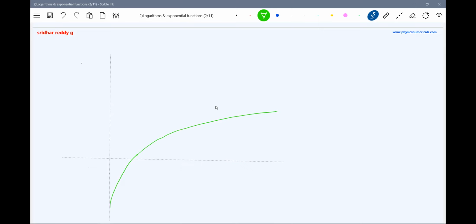There's a log x to the base c, and then afterwards it should also come and intersect at 1. Log x to the base 2, then the last one.